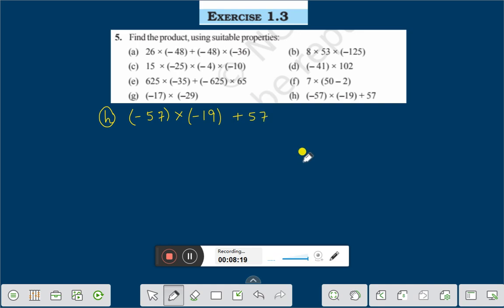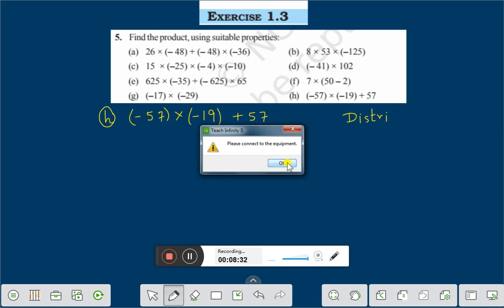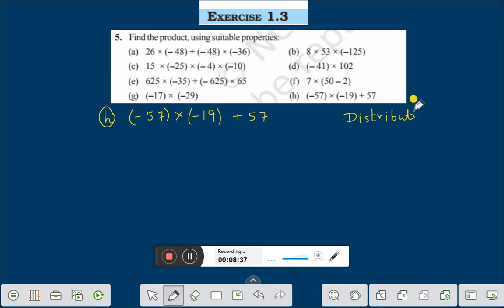Here also we use the distributive property, that is A into B plus C is equal to A into B plus A into C. Now we'll write it as minus 57 into minus 19 plus 57.